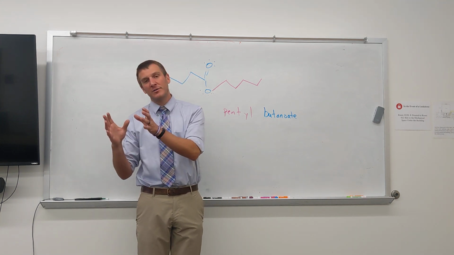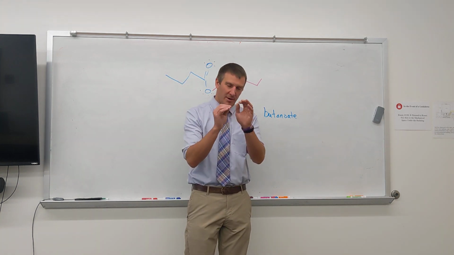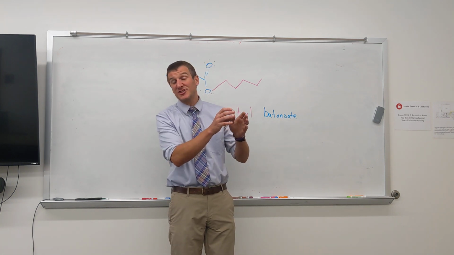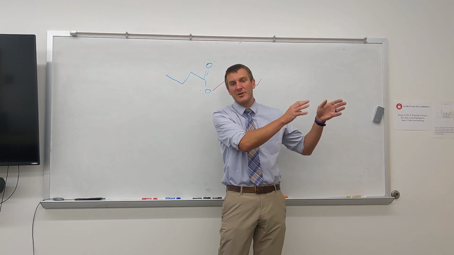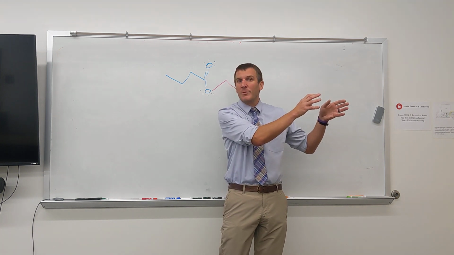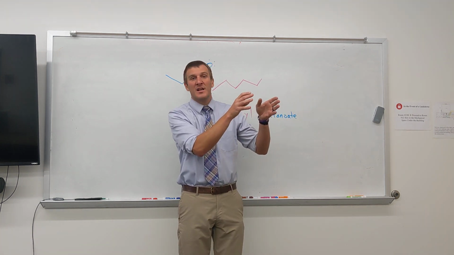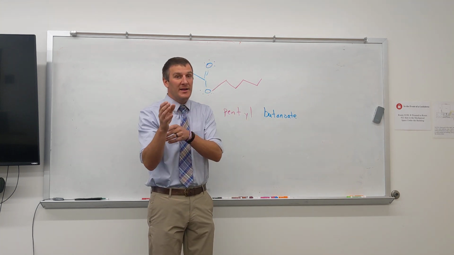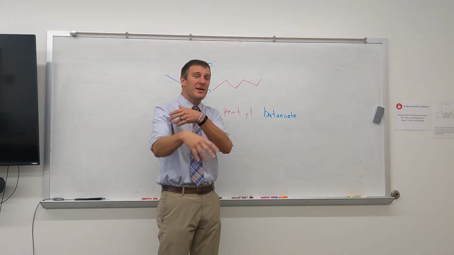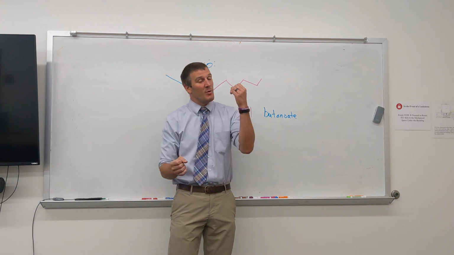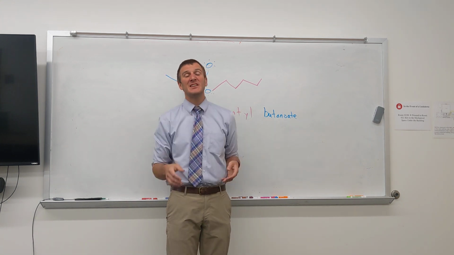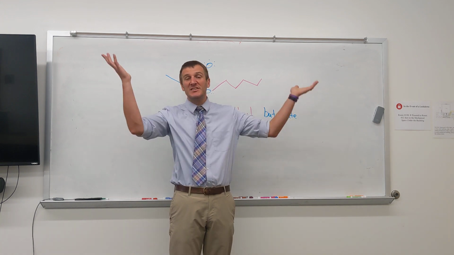We have alcohols. Then we put them in the middle of the chain. Now we have ethers. Then we take that oxygen instead of single bonded, we double bonded, aldehydes on the end. Now we increase the steric energy to move that carbonyl group into the middle chain. Now we have ketones. Then we took our aldehyde and we combined it with our alcohol and we made carboxylic acids. Then we took our carboxylic acid and we combined it with our alcohol and we made these amazing things called esters that have these amazing aromas.